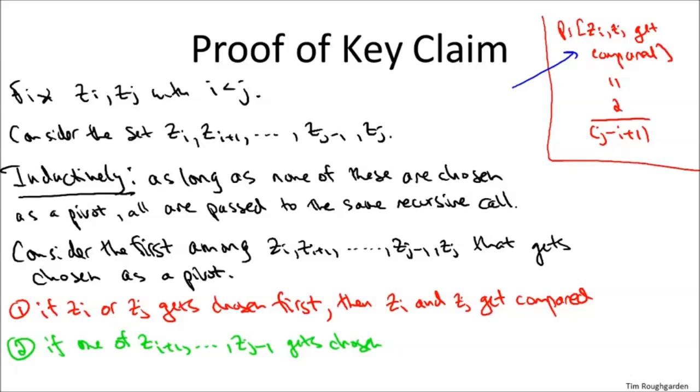So two elements neither of which is the pivot do not get compared in a partition subroutine. So they don't get compared right now. Moreover, since z_i is the smallest of these and z_j is the biggest of these, and the pivot comes from somewhere between them, this choice of pivot will split z_i and z_j into different recursive calls. z_i gets passed to the first recursive call, z_j gets passed to the second recursive call, and they will never meet again. So there are no comparisons in the future either.